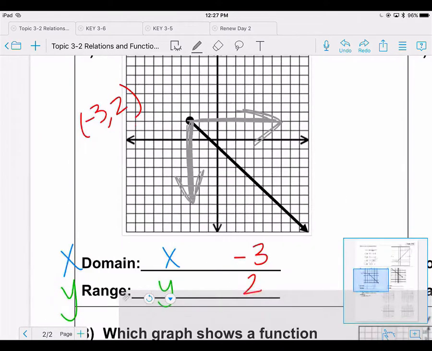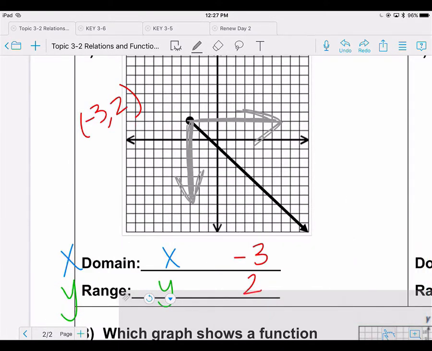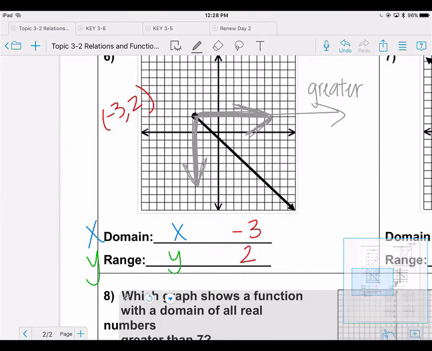And we're just giving it like a little bit of a picture. Now here, this arrow up here on the top is the direction of my x's. My x's are going to the right, and the right is greater than. So if my x's are going greater, then on my domain, x needs to be greater than negative 3.